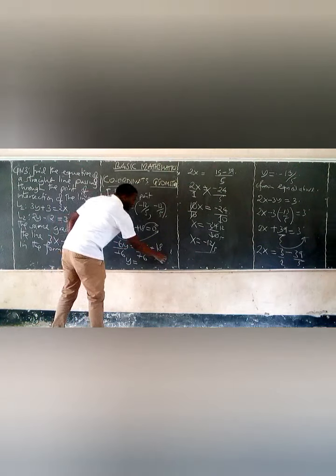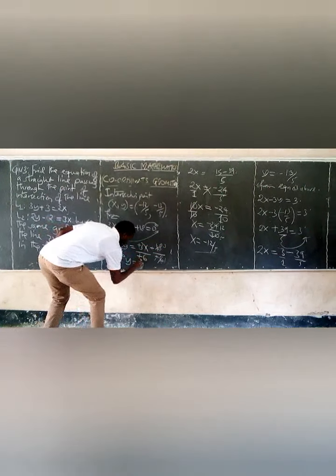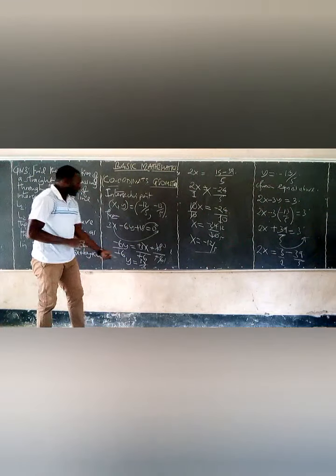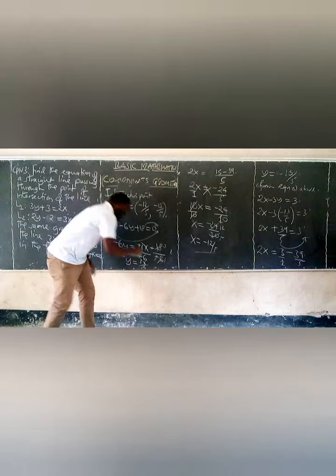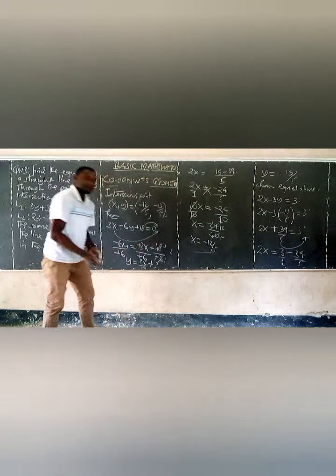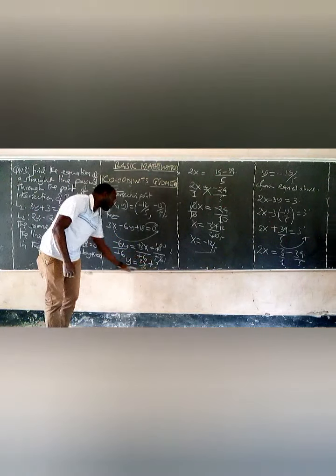Once we simplify, 18 over 6 gives 3, and remaining is 3x out of 6. So this represents the equation of the line.